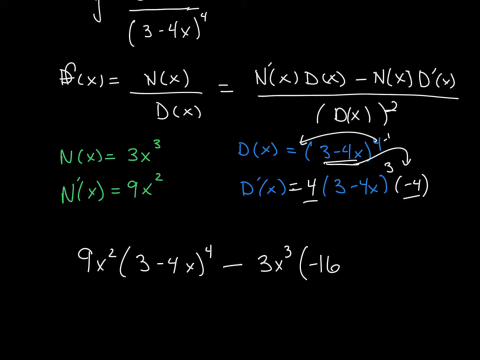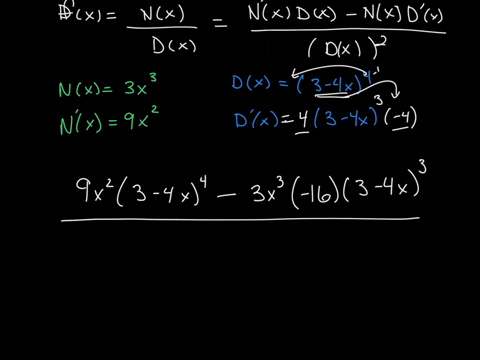That's going to be negative 16 times 3 minus 4x to the 3rd power. And this is all over the denominator squared. So with this, just be very mindful about how you're combining these exponents, because that's 3 minus 4x raised to the 4th quantity squared.